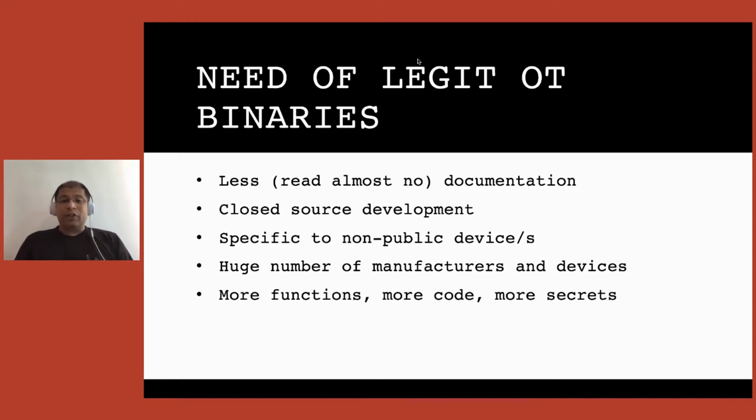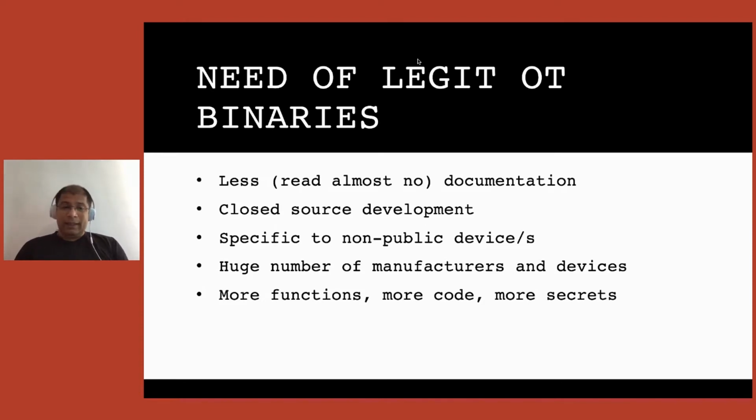Huge number of manufacturers and devices. Yes, that is another big problem here. For example, say building control systems, there could be 10 different vendors, that is 10 different manufacturers. Each of those 10 different manufacturers would be producing 100 different versions of the building control system devices, depending upon the requirement and need of the environment.